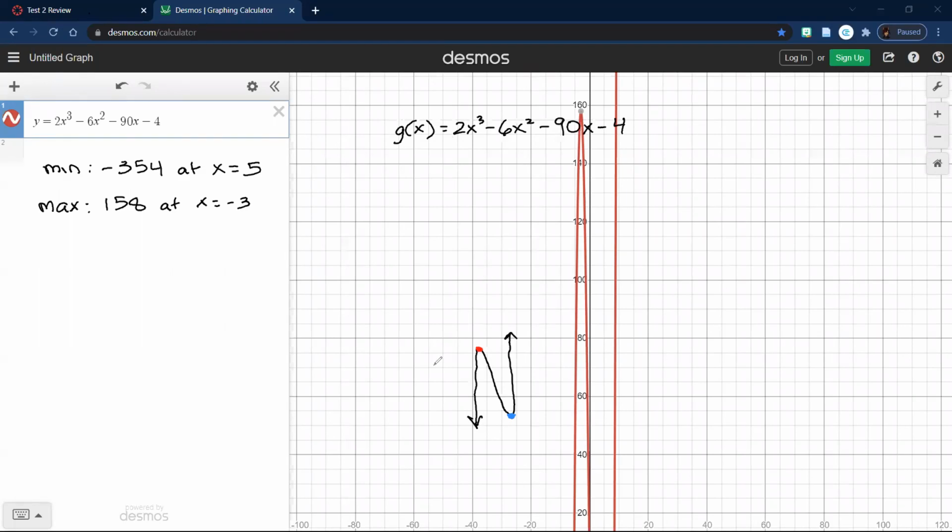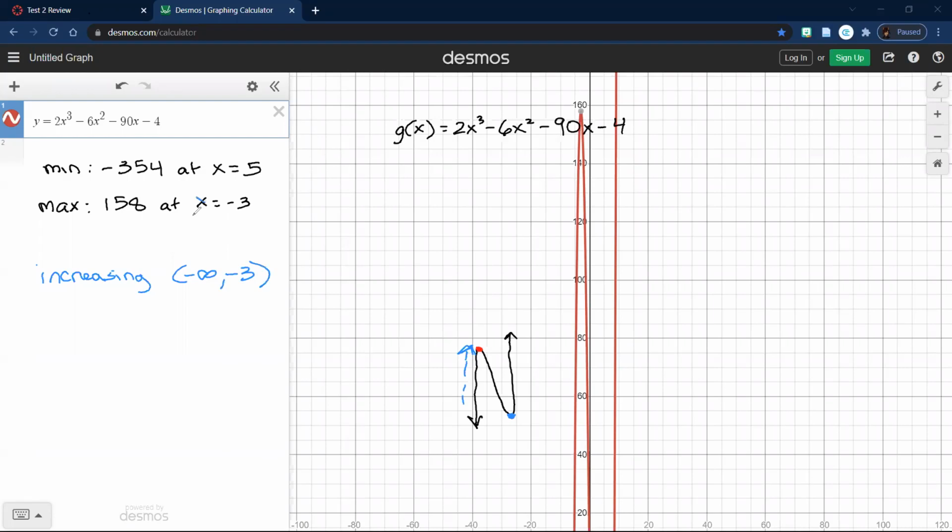From negative infinity. Where does it stop? At 158, at the max. But we're dealing with x values. So what's the x value where y is 158? Negative 3.